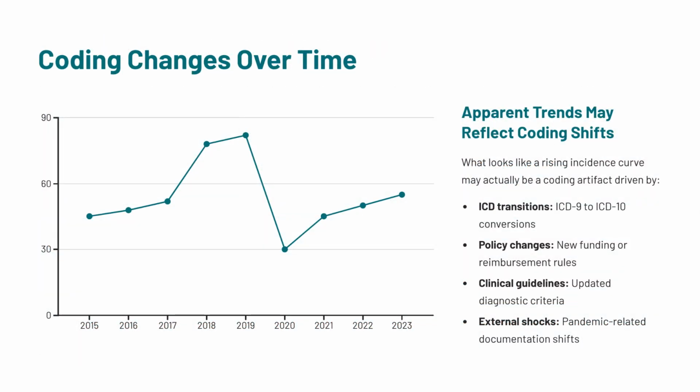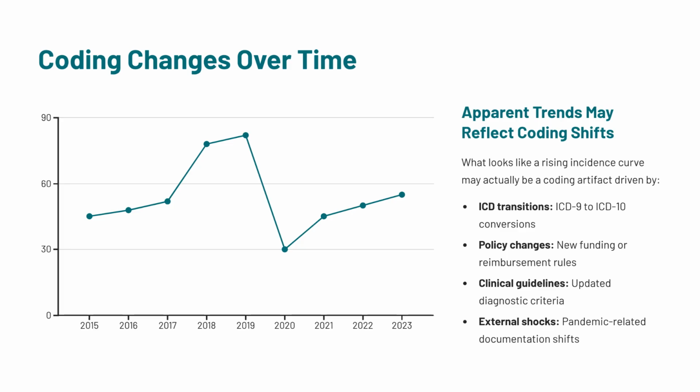Now let's talk about trends. A change in the incidence curve for a condition may reflect a real shift in disease, but it may also reflect changes in how events get captured. Coding shifts are a big part of that. Transitions in coding standards, policy changes tied to funding, updated clinical guidelines, and external shocks like a pandemic can all change documentation and coding behavior. But it is not only about coding. Incidence curves can also move because people change how they access healthcare resources.